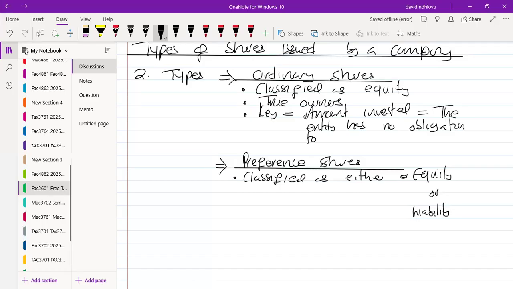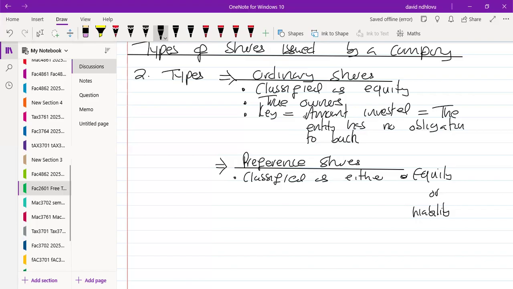Remember, when you fund a business, you can either use your own money, even if you're a sole trader. If you use your own money, that is capital, then it goes into the business. Or you can use borrowed funds, which can be in the form of loans, bank loan, and what have you. Those amounts are also used to fund a business, but they don't belong to the owner, they are borrowed funds.